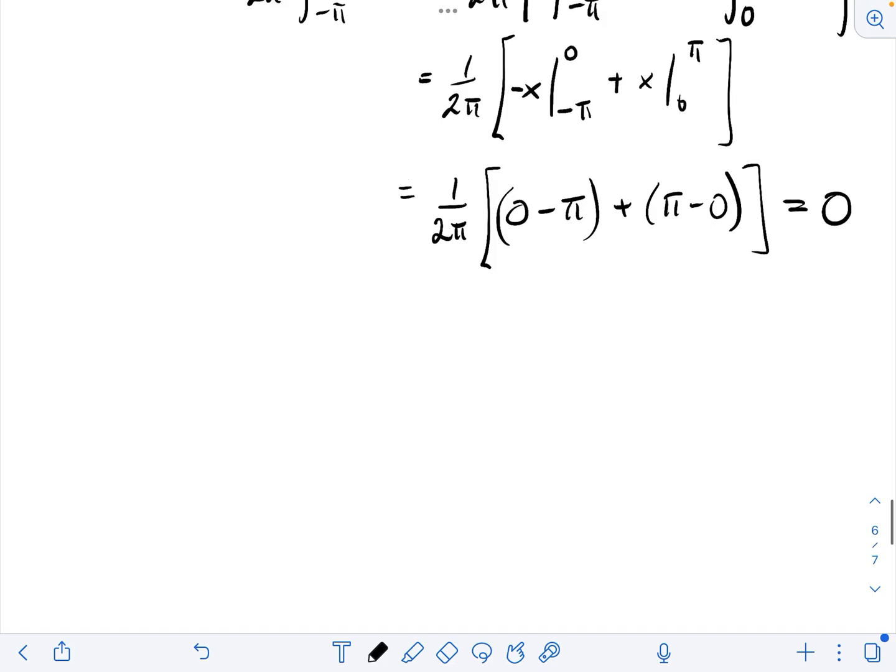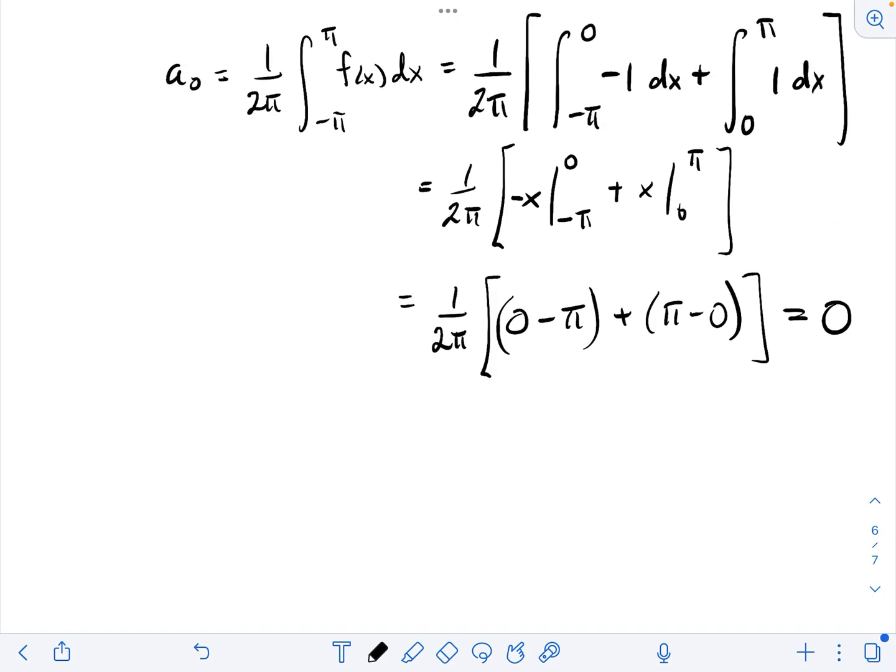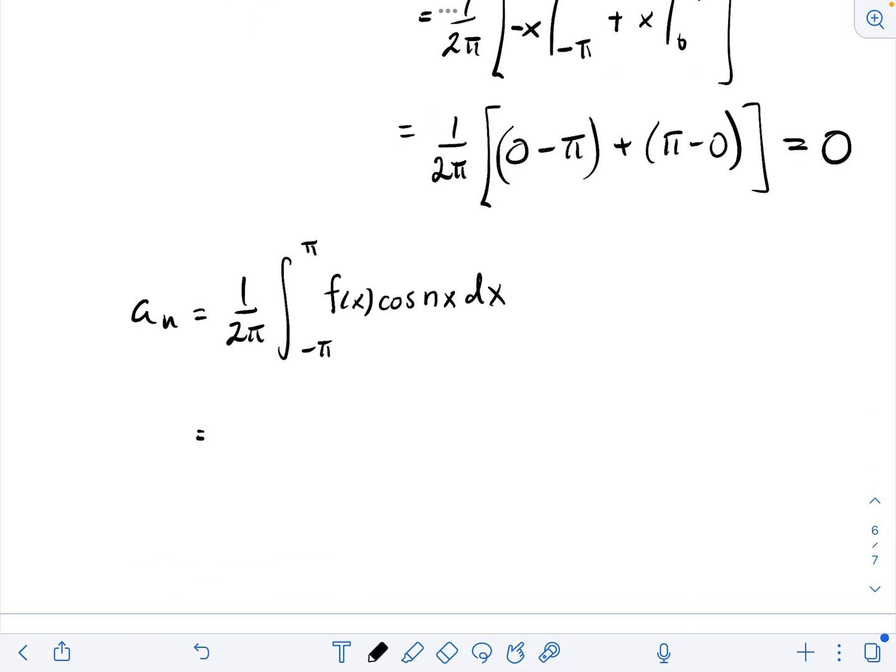an is 1 over 2 pi, the integral from minus pi to pi of f of x cos nx dx. And what we're going to do is the exact same thing. So I made a mistake here. For this coefficient, we just have a 1 over pi out front.